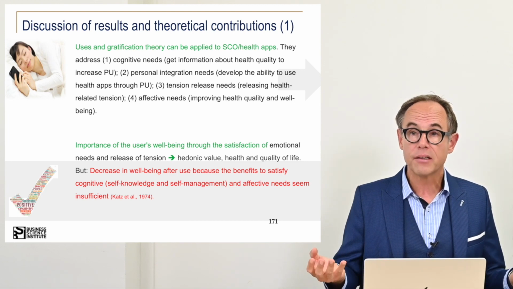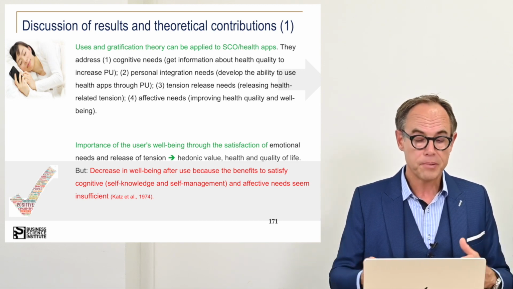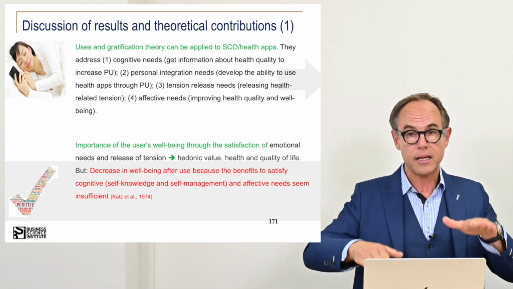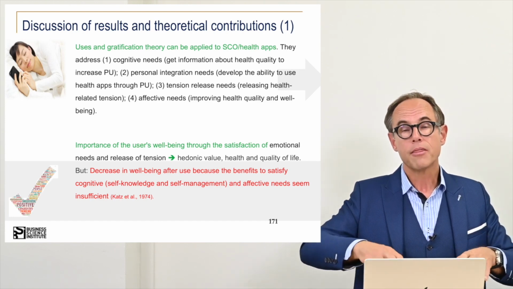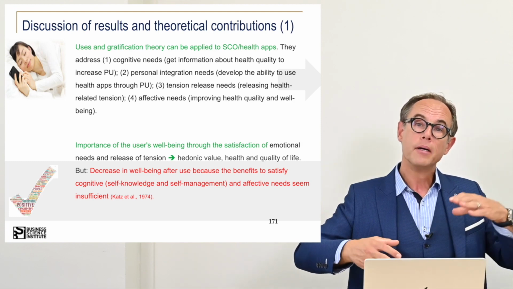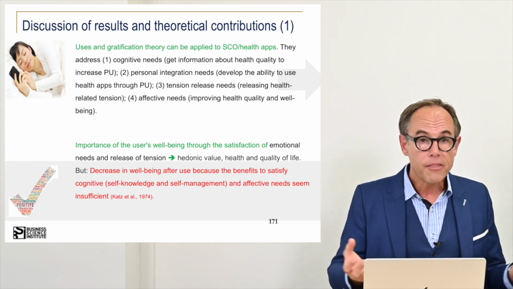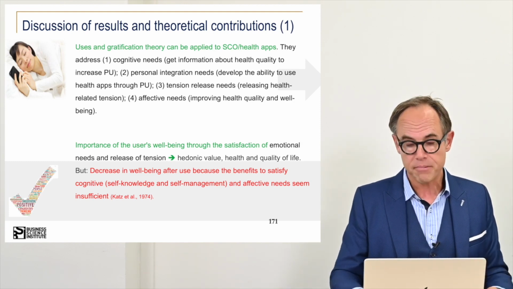And the affective needs in terms of happiness also seem to be insufficient. So if you again consider a balance between perceived benefits and costs, the perceived cost of privacy seems to outperform the few benefits given by the mHealth apps.